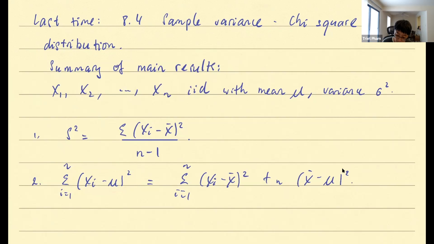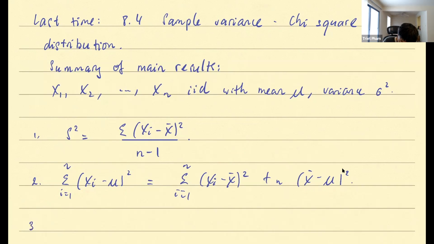So this identity accomplished that for us. In other words, analysis of these two components is quite easy because we deal with sums of independent, really IID, random variables. X bar is also like that. And so from these two properties, you can deduce back the property of S squared.